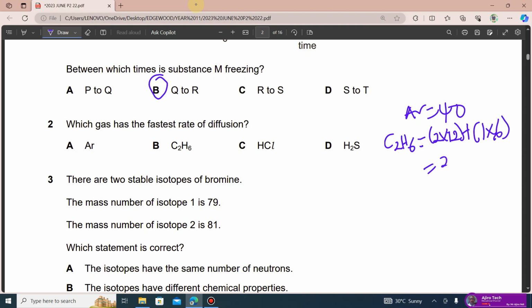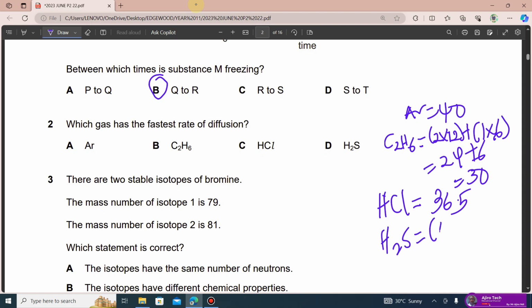So this becomes 24 plus 6, and this is 30. So that is for the hydrocarbon. Now for hydrogen chloride, chlorine is 35.5 plus hydrogen, so we're looking at 36.5. And then for hydrogen sulfide, H2S, sulfur is 32, so it becomes 1 times 2 plus 32, which is 34.